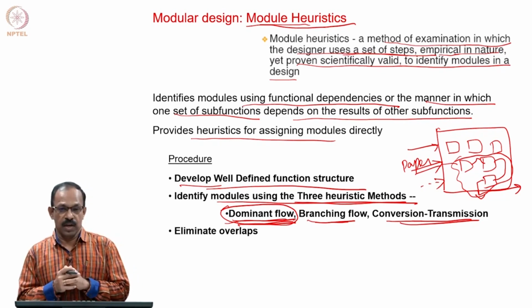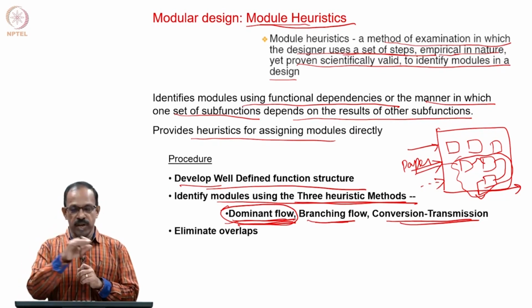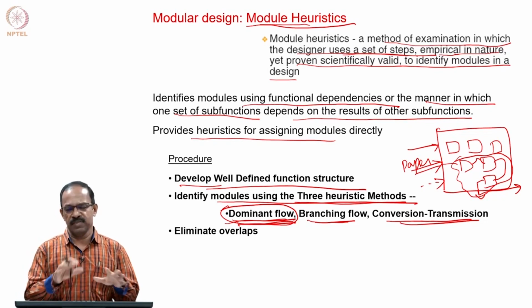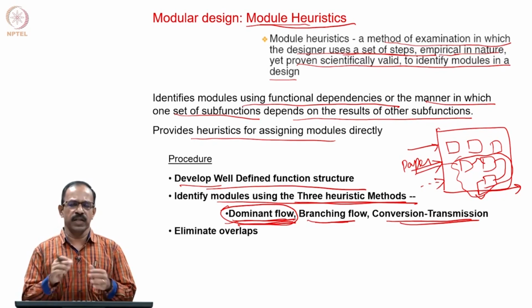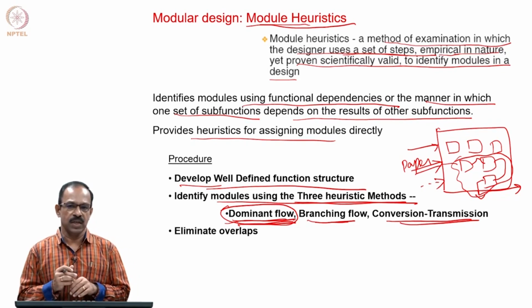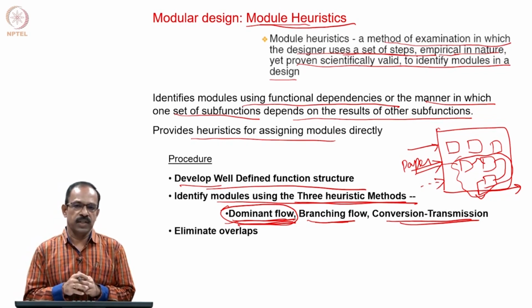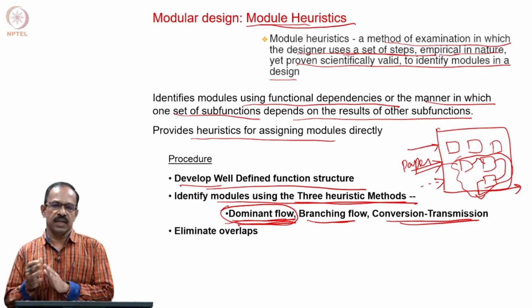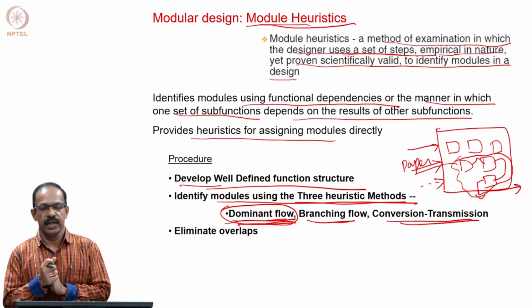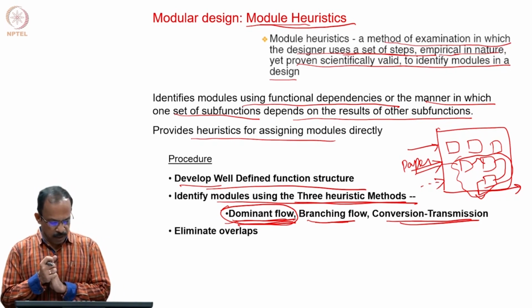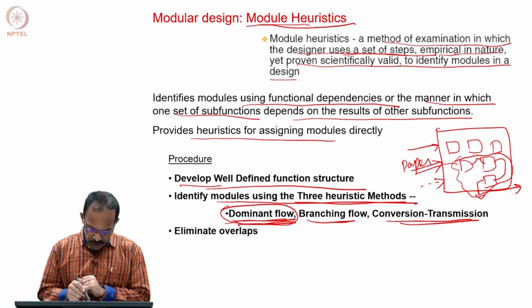There can be more than one dominant flow. So, we can identify all those dominant flows, because there will be some flows which are not very important or not very dominant, and then we do not make modules based on those flows. Only the dominant flow we consider, and then identify the module. The next one is known as the branching flow.